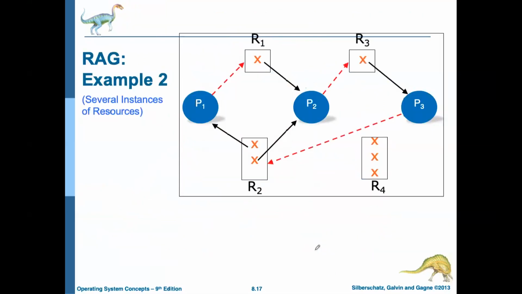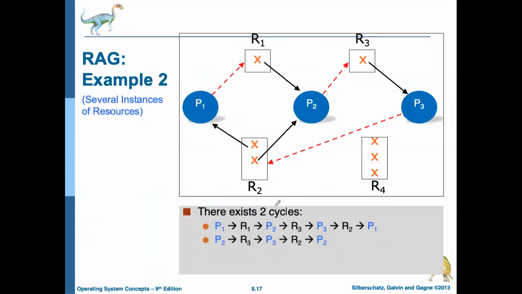Okay, this is the RAG, example 2, with several instances of resources. There are two cycles. They're explaining this: P1 to R1, and after that R1 to P2.